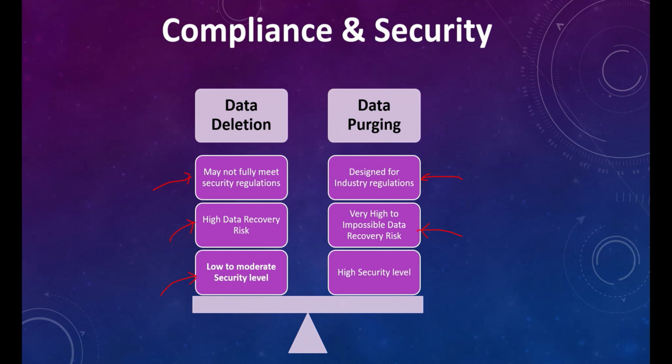So there is a possibility of low to moderate security breaches. But in terms of data purging, there is a high security level because data will be completely vanished from the disk itself. So even if an attacker enters the system, he will not be able to trace it back. That is the advantage of data purging.